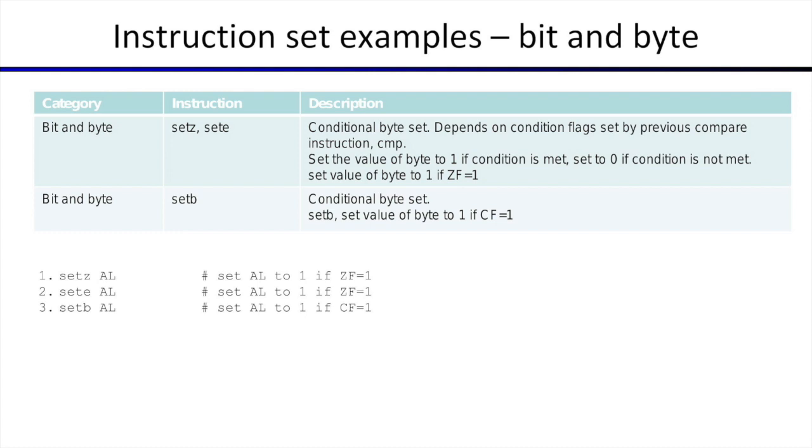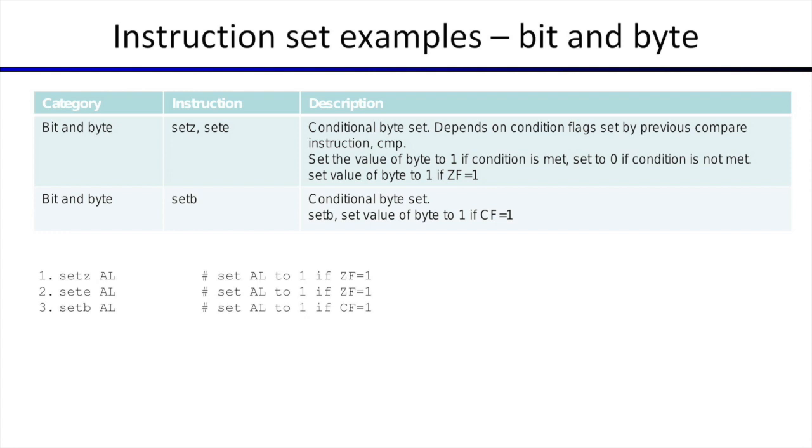Now let's apply this to the next set of instructions, which are the SET instructions. These are further bit and byte instructions. We looked at the bits, how to set a bit. Now we will look at the byte ones. So you can do SET and then a condition code. SETZ will set the byte to 1 if the condition code for zero is 1, which means the zero flag is 1.